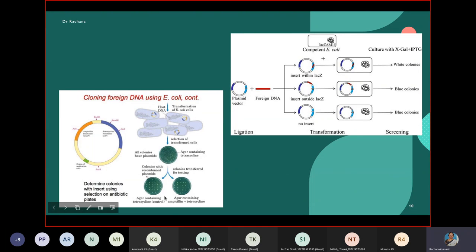So we know the antibiotic resistance gene can have a target DNA or the foreign DNA incorporated. Due to the presence of the restriction enzyme recognition sequences within these selectable marker genes, it is easy for us to insert the target DNA into these genes, and once inserted, it leads to insertional inactivation of the resistance property.